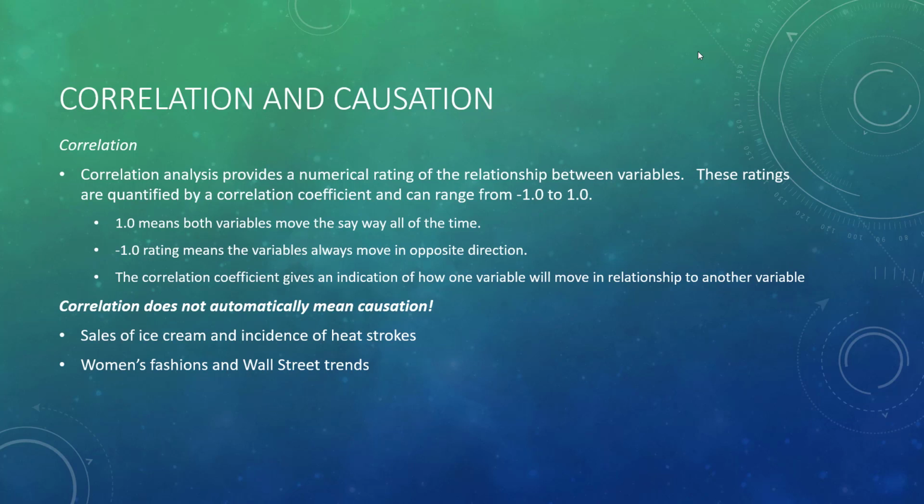Somebody could make the argument, it wouldn't be a very good one, that because it's hot and ice cream sales are high, we have high heat injuries, therefore ice cream is causing heat injuries. And that's not how it is. As you get into your science classes, or if you've already taken them, you'll understand that those are not linked variables at all.